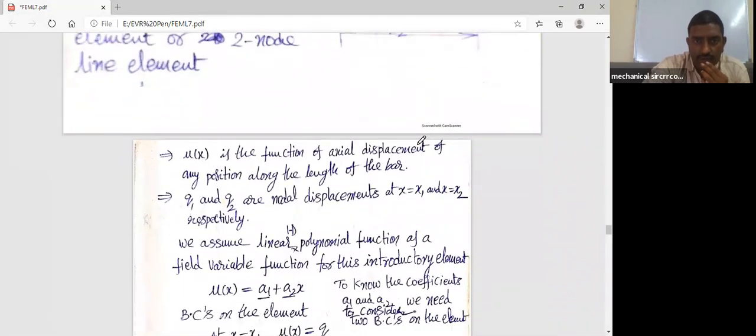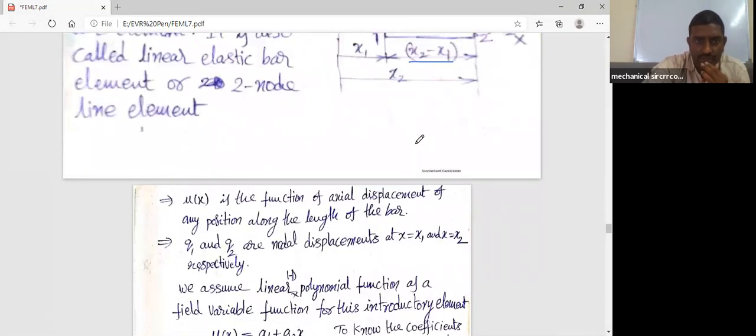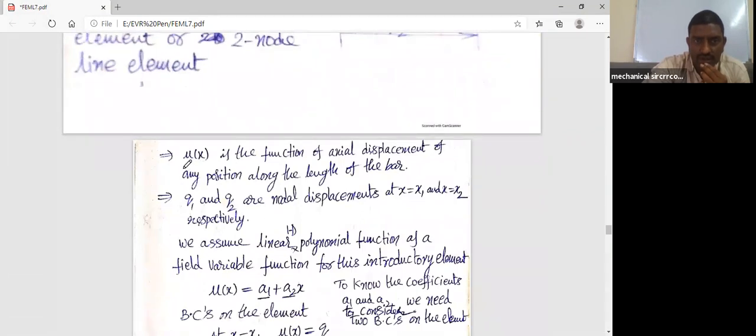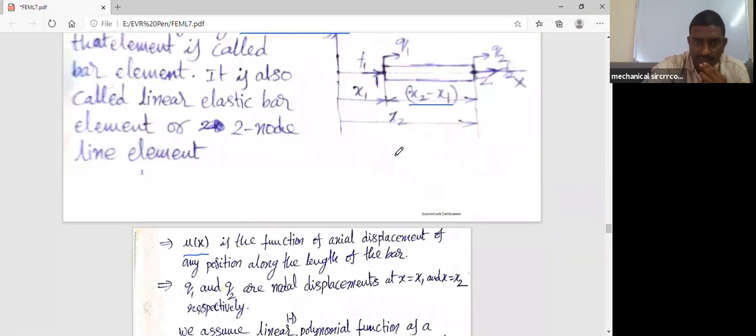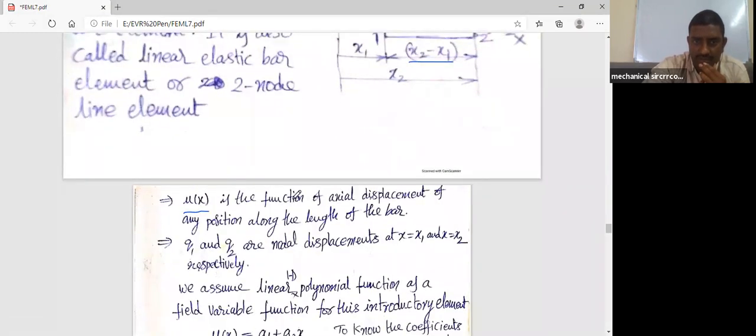So now let us assume a displacement function u of x. For this element, u of x is a linear polynomial function.